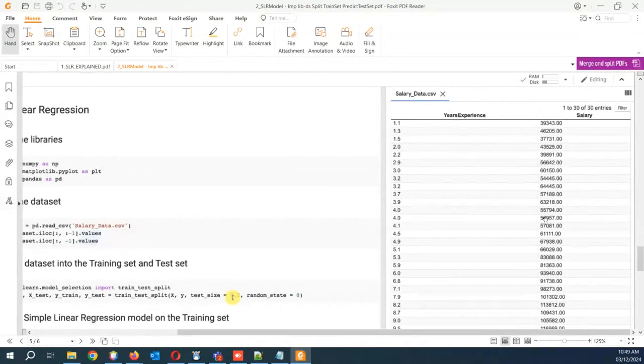These are the values of it. So if I ask you right now, if you look at it, 3.0 and 3.2, let's say, if somebody is falling at 3.1, which is not given here, what will be their expected salary range based on the experience?